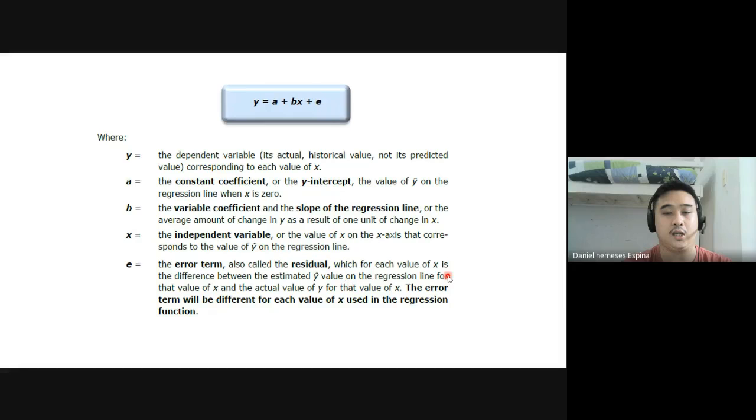Okay? Also known as the residual. So for each value of x, it is the difference between the estimated Y and the actual value of Y. So that is the usual error in our forecast. So every time we forecast Y, that is usually the difference from the actual dependent variable.